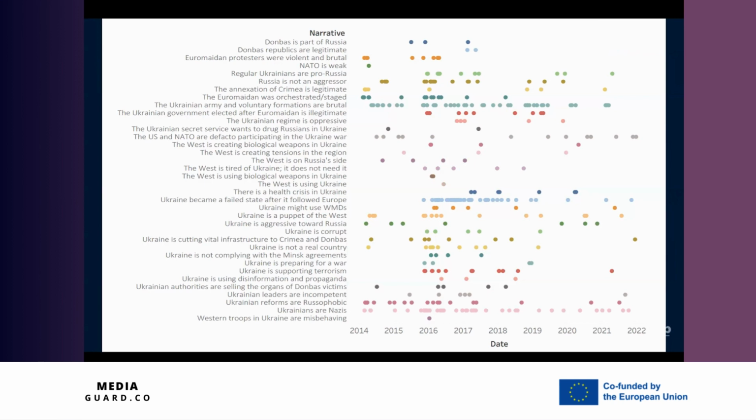We have some questions in chat, so can you check it? Yeah, what has to be done to prove the opposite? You mean to prove that the narrative is false, right? So there are multiple ways and multiple angles.